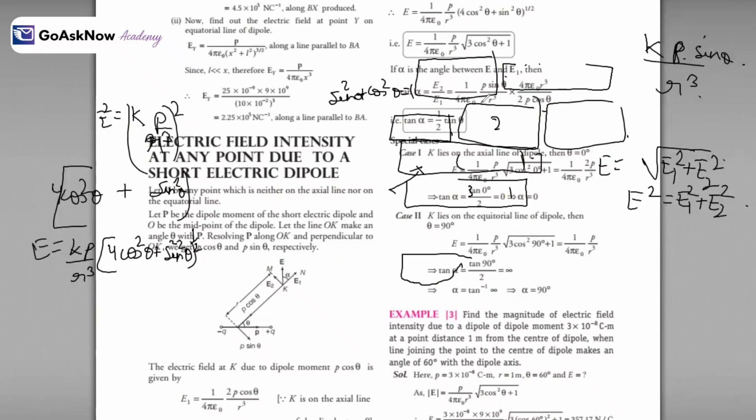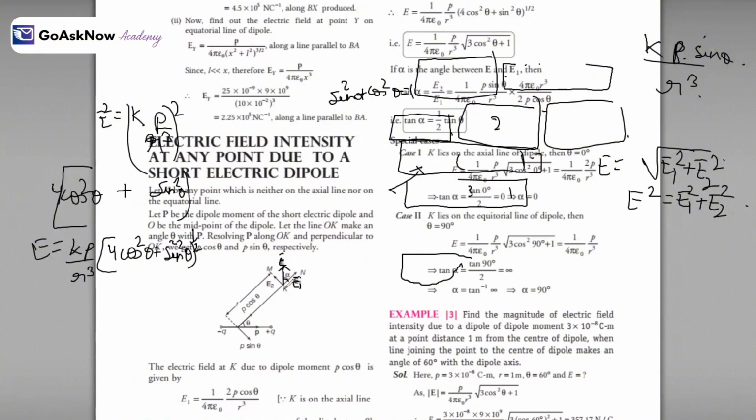If you have the resultant of two fields, E is in the upward direction, and it has an angle alpha with E1. E1 is the electric field due to your axial point.